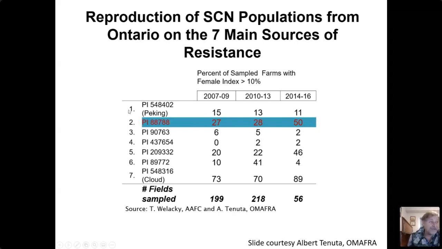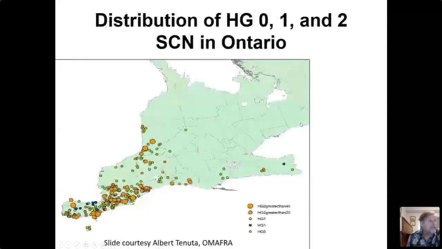And there are other HG types here, and there's also resistance to other sources. So you don't see zeros across the board here. Here's pretty low here, but there are other genes around. 88788 is the most common in our genetics, and it's being overcome and increasing over time.